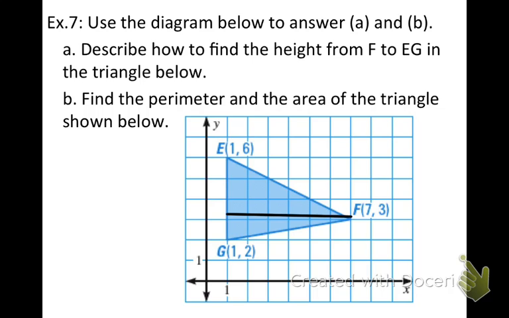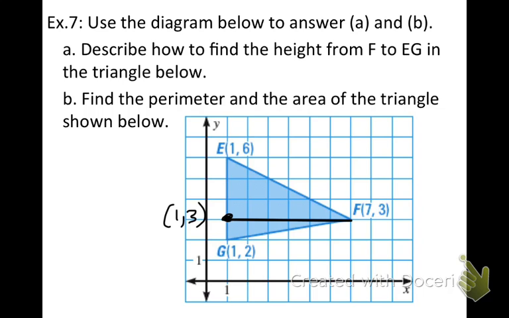Well, if we follow the grid line there, the grid lines are perpendicular, and since F will intersect EG right on the grid line, F will intersect EG right at this point here, which has coordinates 1, 3.